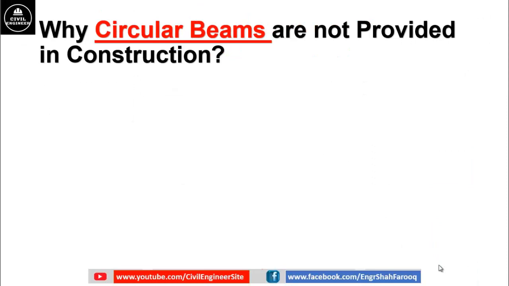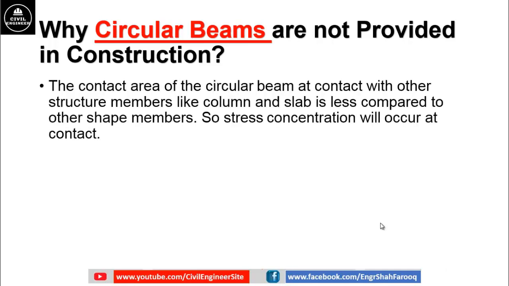It is mandatory to connect a beam with other structural members like column, slab or walls. The contact area of the circular beam at the junction with other structural members like column and slab is less compared to other shapes like square, rectangular or I-shaped beams.